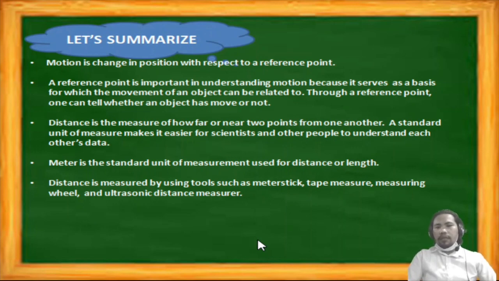A standard unit of measure makes it easier for scientists and other people to understand each other's data. Meter is the standard unit of measurement used for distance or length. Distance is measured by using tools such as meter stick, tape measure, measuring wheel, and ultrasonic distance measurer.